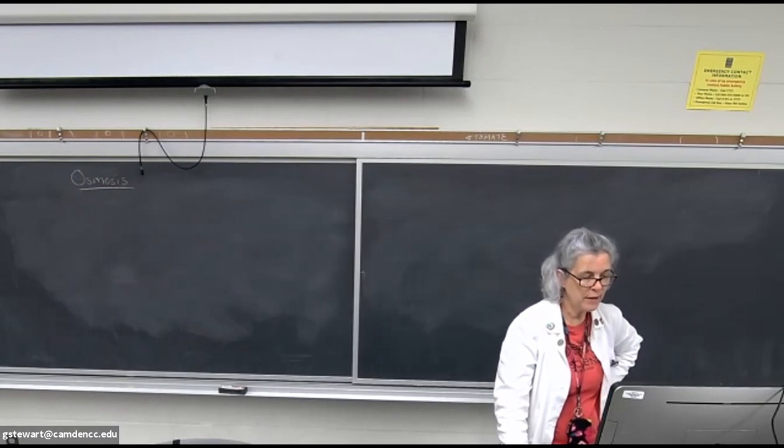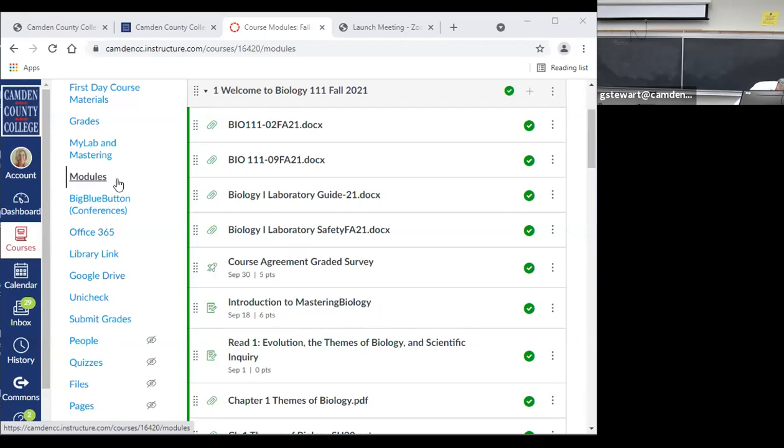The first thing that I would direct your attention to is in the module. You guys have to be able to see it kind of lightly behind me, I think. In module 1, there is a document called the Biology Laboratory Guide.